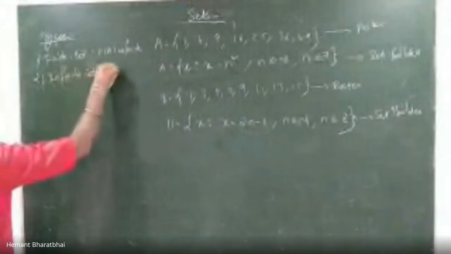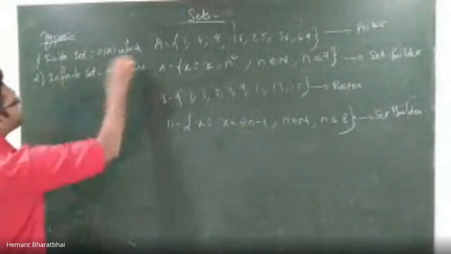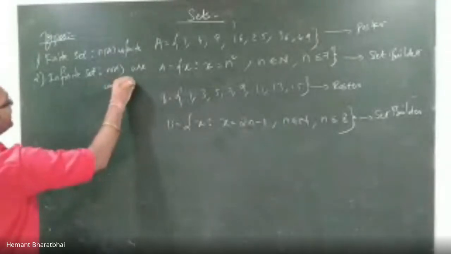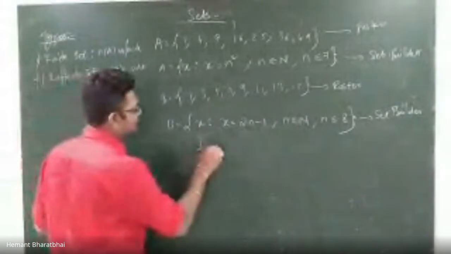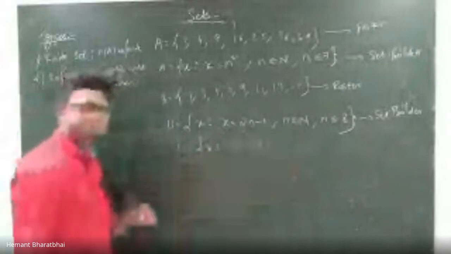Next, second is the infinite set. What is an infinite set? Where the number of elements are countless. You cannot count it. Say for example, I write C is a set of x such that x belongs to natural numbers.